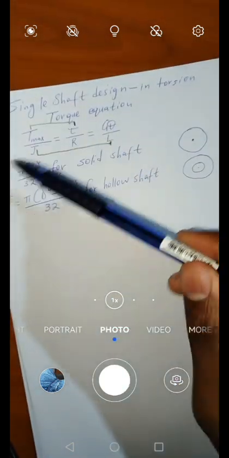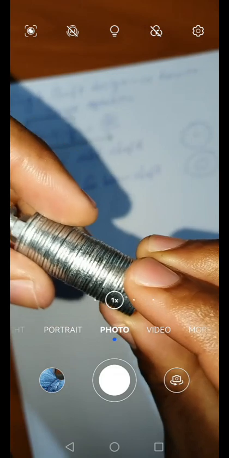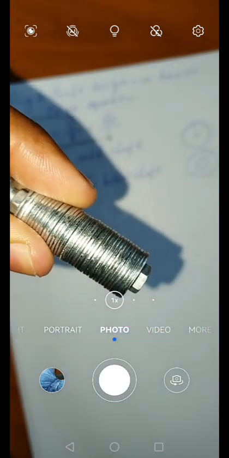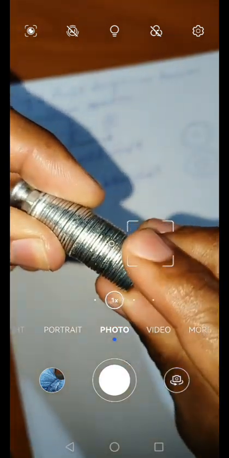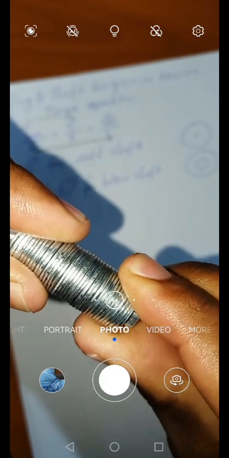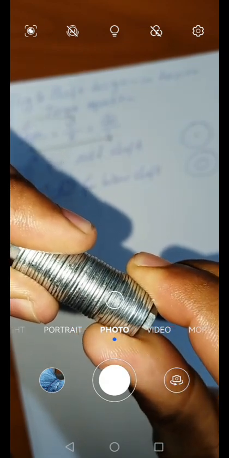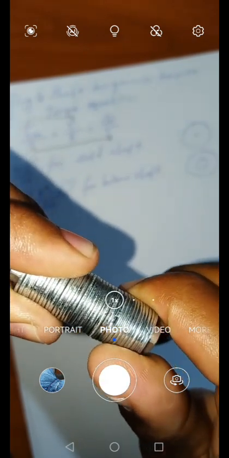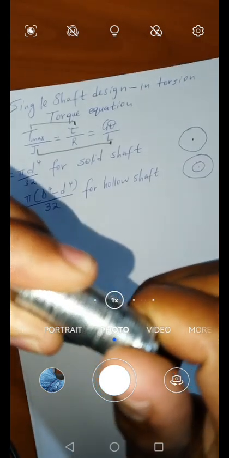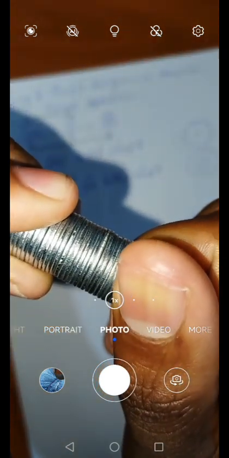So like here, if you apply a torque like this, we are going to see the surface of this material sliding over a certain surface there.